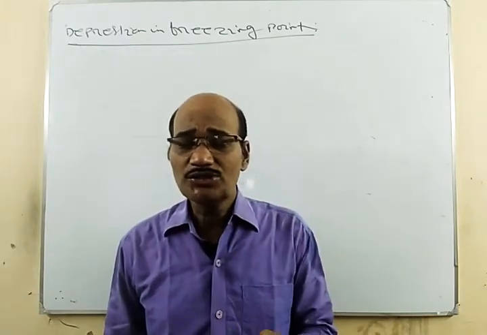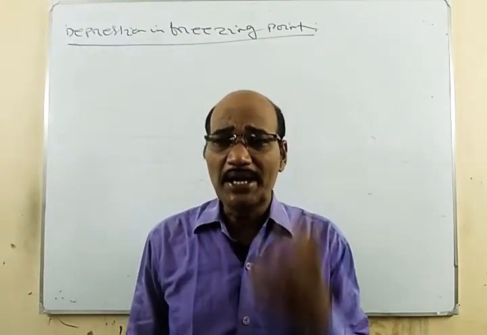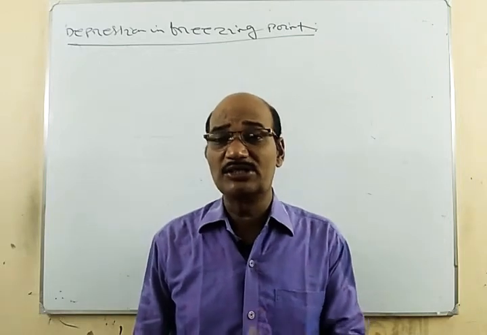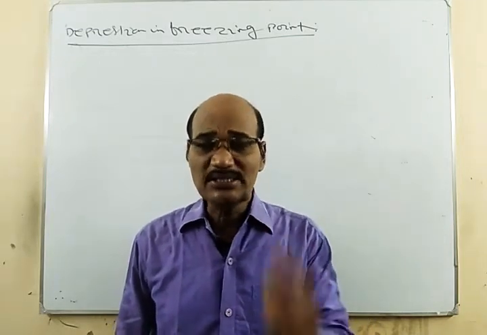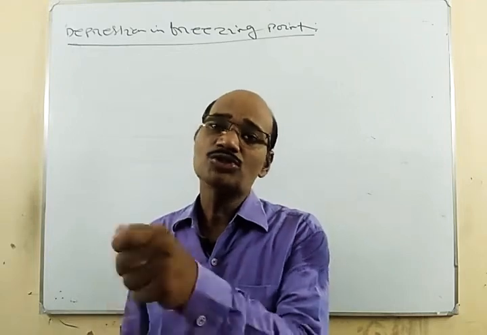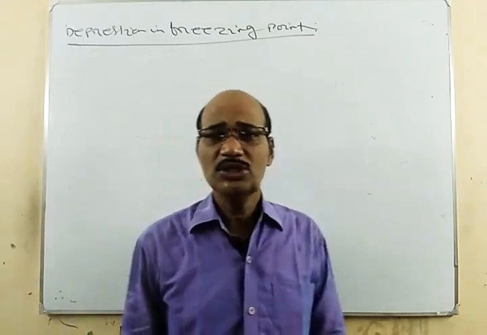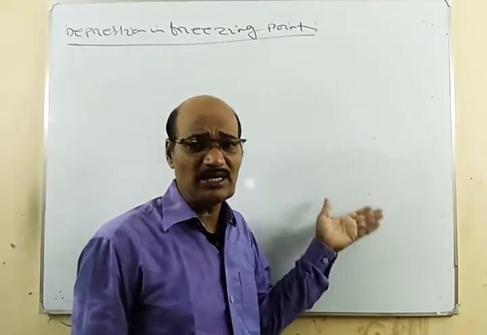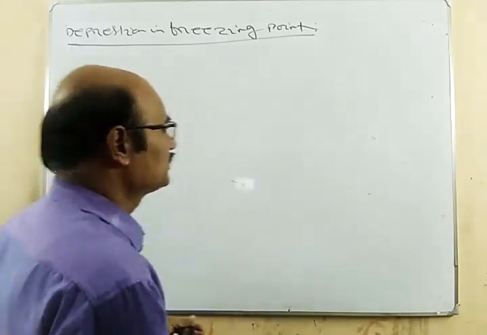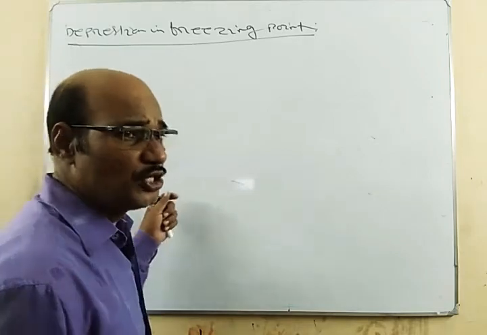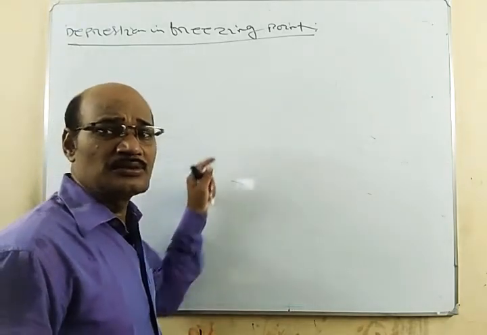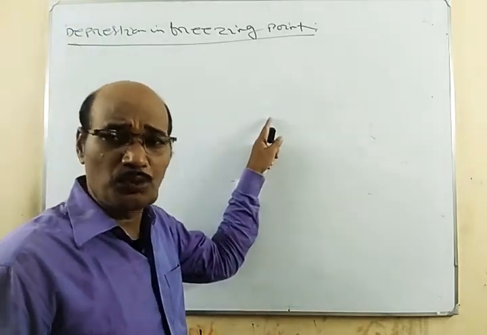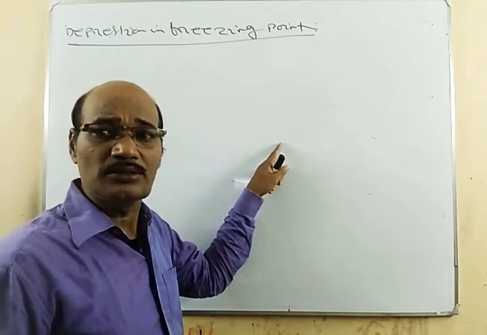Similarly, because the vapor pressure of the solution is less as compared to the pure solvent, the freezing point will be less as compared to the pure solvent. So if we plot a graph for the vapor pressure and temperature, we can find that the vapor pressure of the solution is always less as compared to pure solvent at a particular temperature.